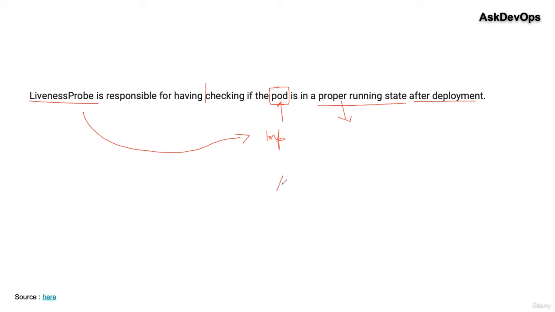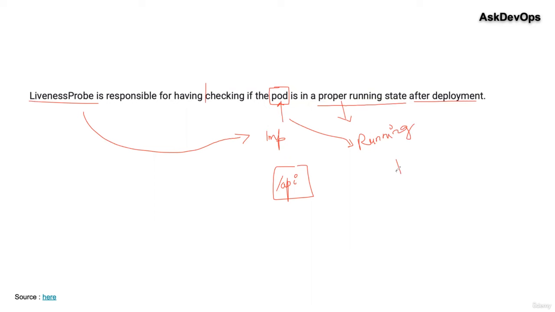It is not going to check your API endpoint at this point of time. There are other probes that will do this. So the API endpoint is not a part of the liveness probe. It is responsible for checking the status of your pod, if it is in a running state or not.